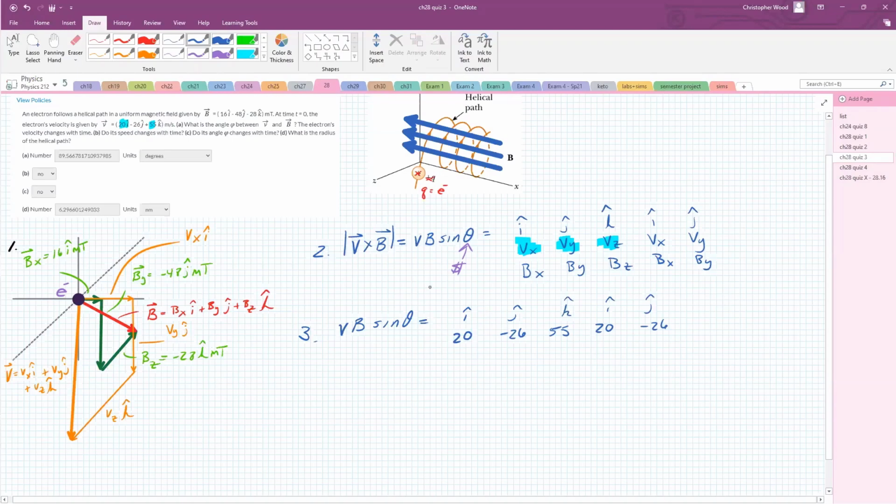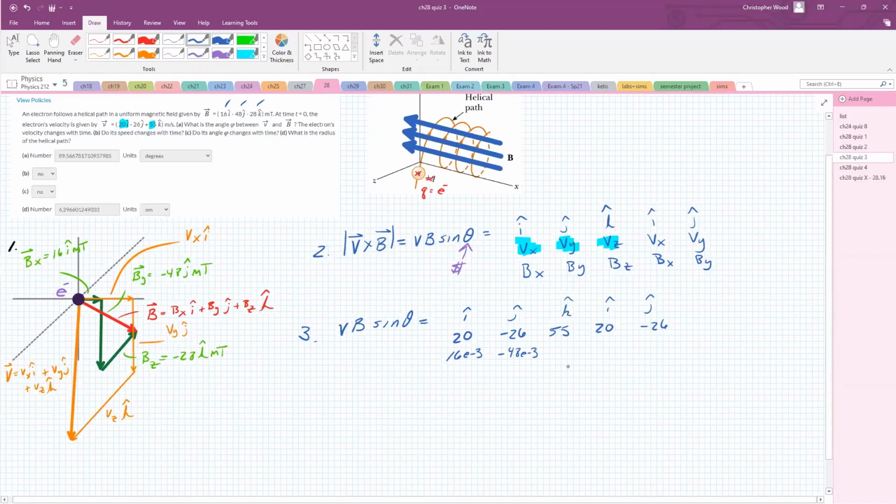Here's Bx, here's By, here's Bz. Bx is 16 millitesla, 16 e to the minus 3 Tesla. By is negative 48 e minus 3 Tesla.